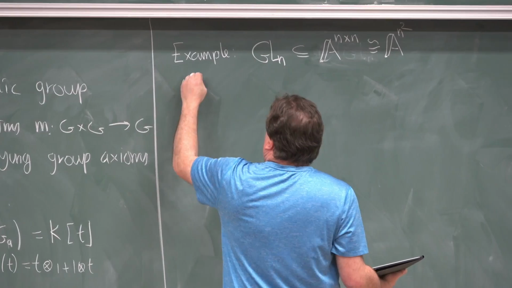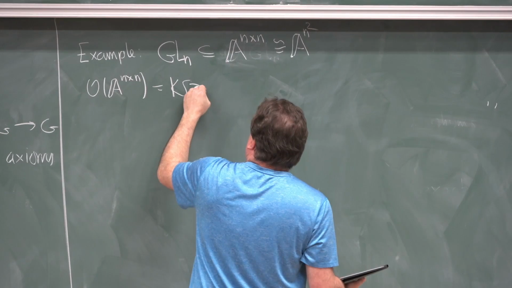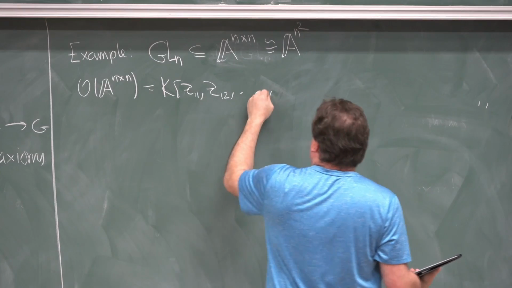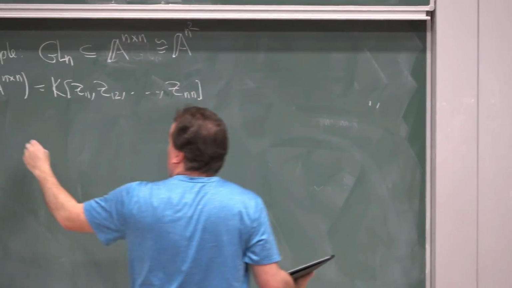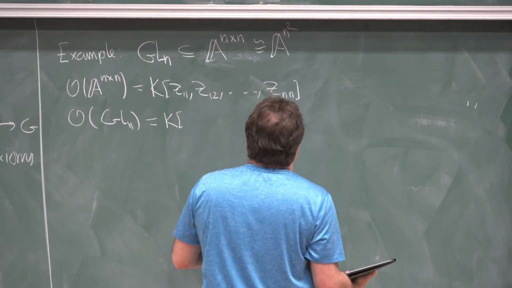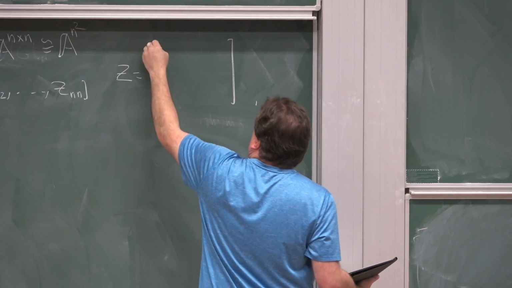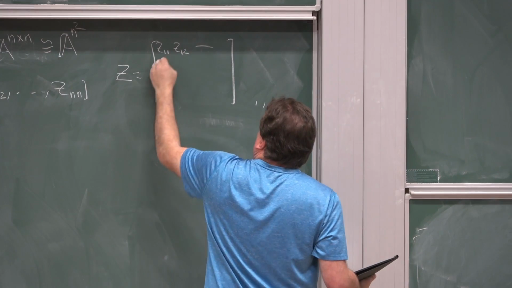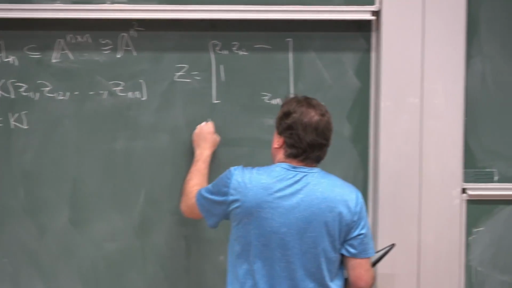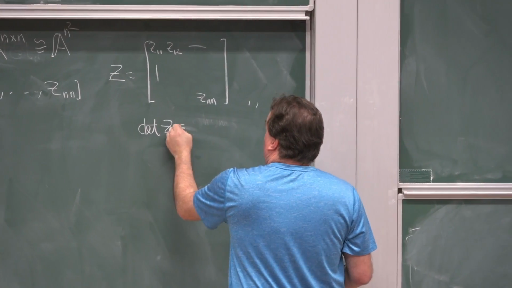The coordinate ring of the n by n matrices, we can think of it as a polynomial ring in n squared variables, but I label the variables Z11, Zij, etc. And the coordinate ring of GLN is then just a localization, where let's say we take this big matrix Z to be the matrix with these variables, then we can take the determinant of this big matrix, which is now an element in this polynomial ring.